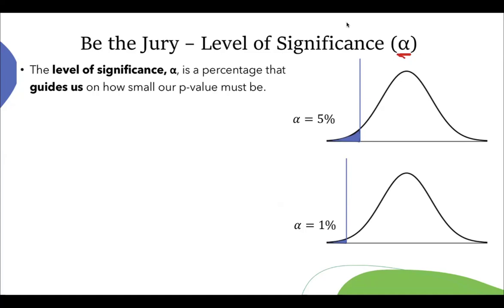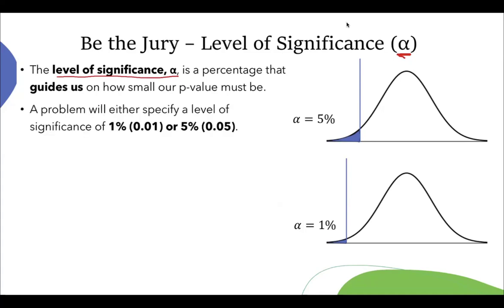Alpha is a level of significance, and it is a percentage, and it guides us on how small the p-value must be. Alpha will either be provided in the problem as 1%, which converts to a decimal of 0.01, or 5%, which converts to a decimal of 0.05.